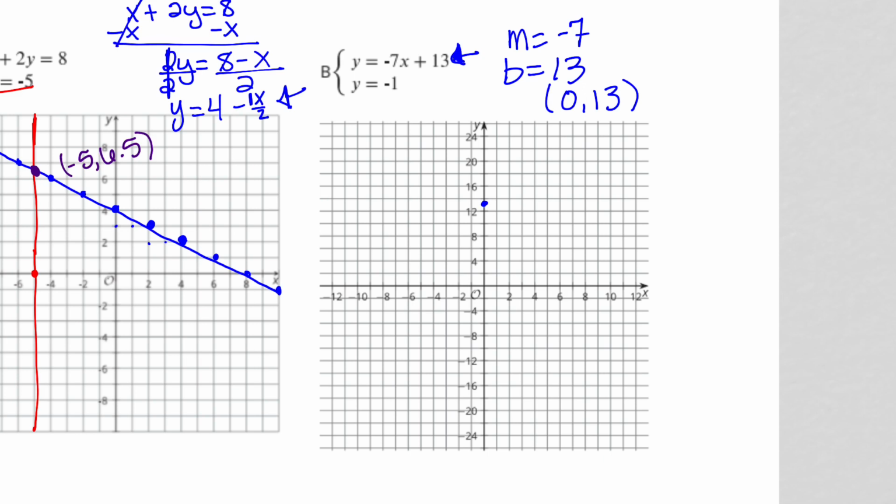Okay, what's my slope? How do I do a slope of negative 7? Down how many? Down 7. Then what do I do? Not over 7.